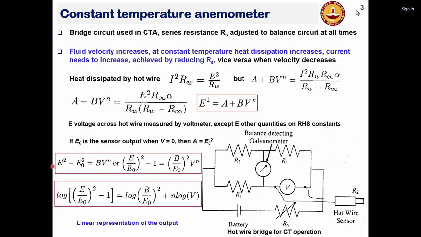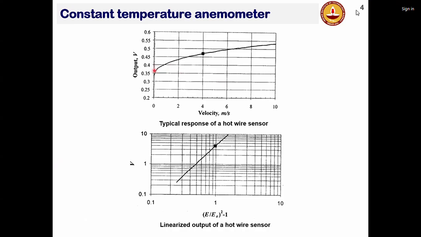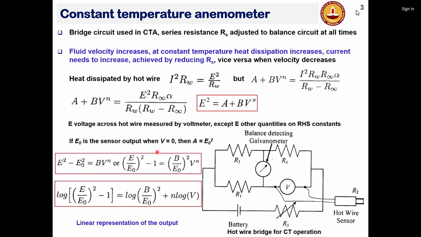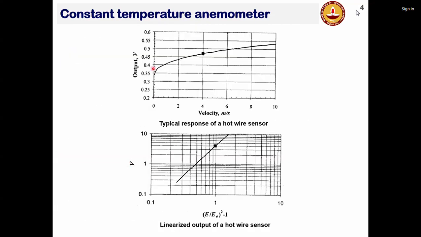Now this, if you plot, you know the dependency of E with V, you get a nonlinear curve, right? As velocity increases, this equation gives you that your output voltage E basically increases in a nonlinear fashion.